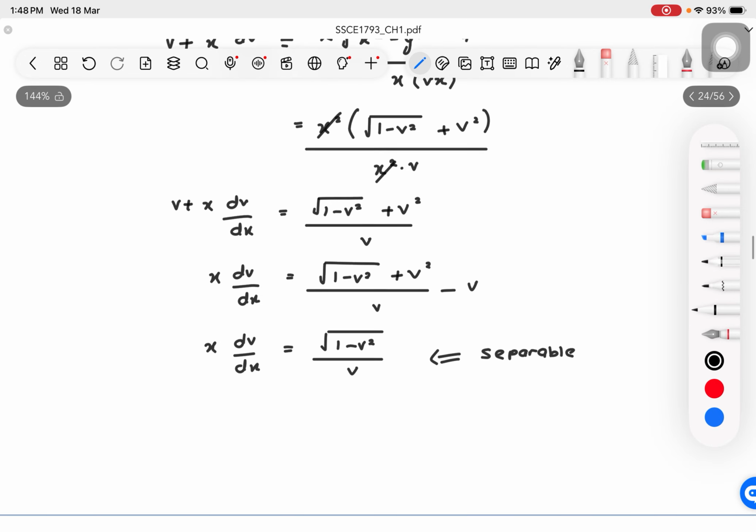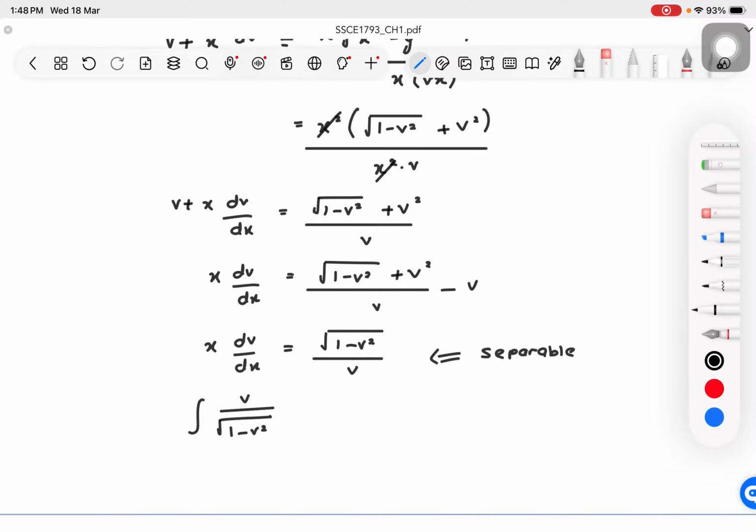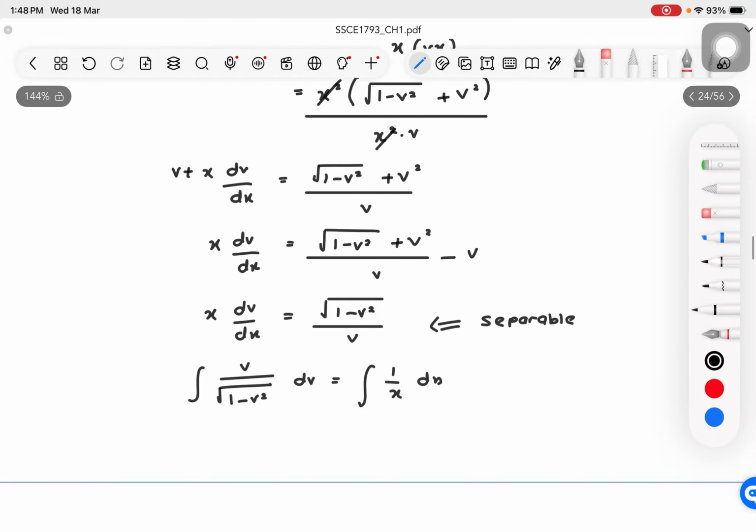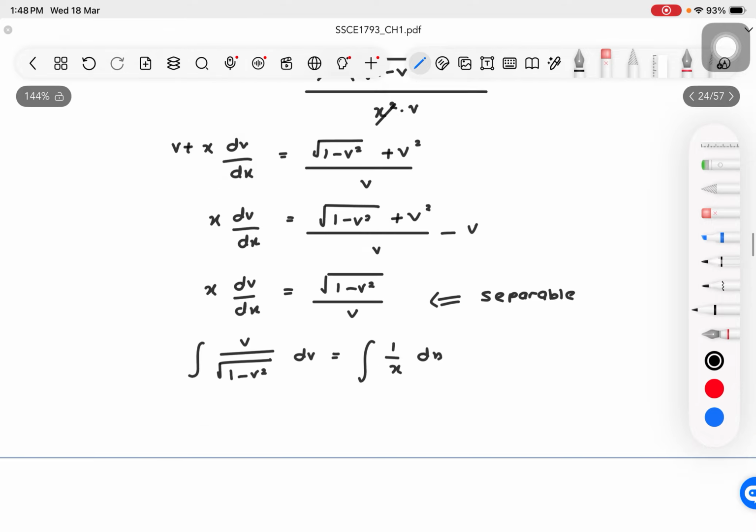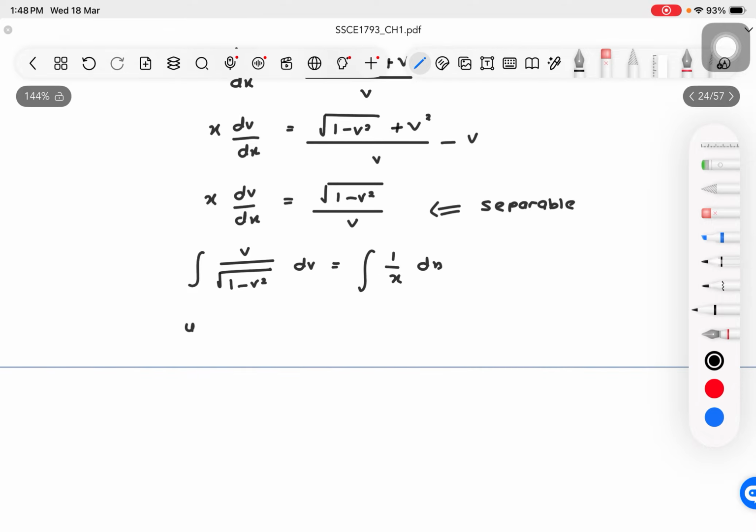Okay, so now we're going to integrate both sides. This one, you can use substitution. So using substitution, we let u is equal to 1 minus v squared, so du is equal to negative 2v dv.